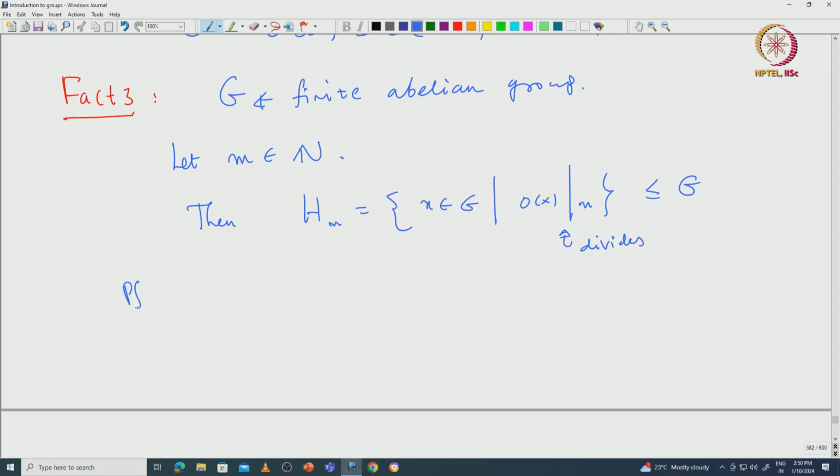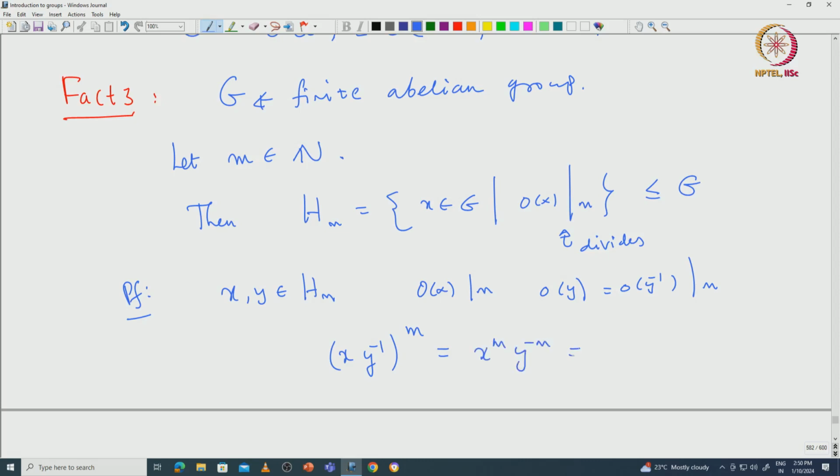So what is the proof? The proof is very simple. You start with x and y in H_m. You can see that the order of x divides m and the order of y, which is the same as the order of y inverse, divides m. Now you want to calculate what happens to xy inverse. You raise it to the power m. Since x and y are both in an abelian group, x to the power m and y to the power minus m are going to be identity.